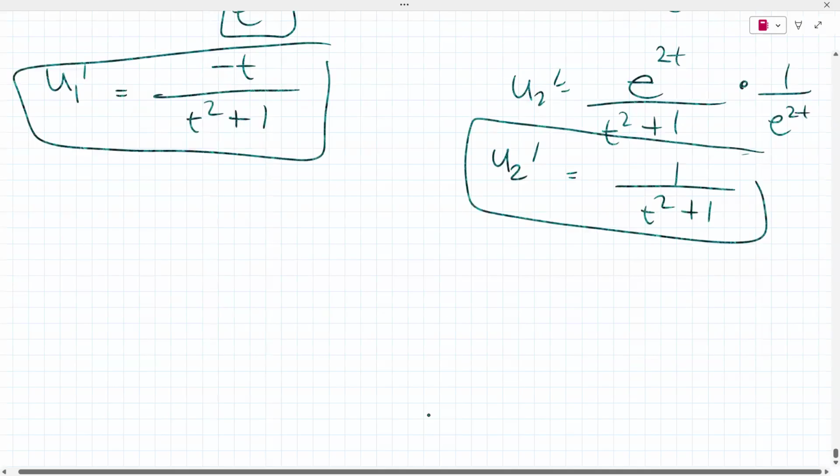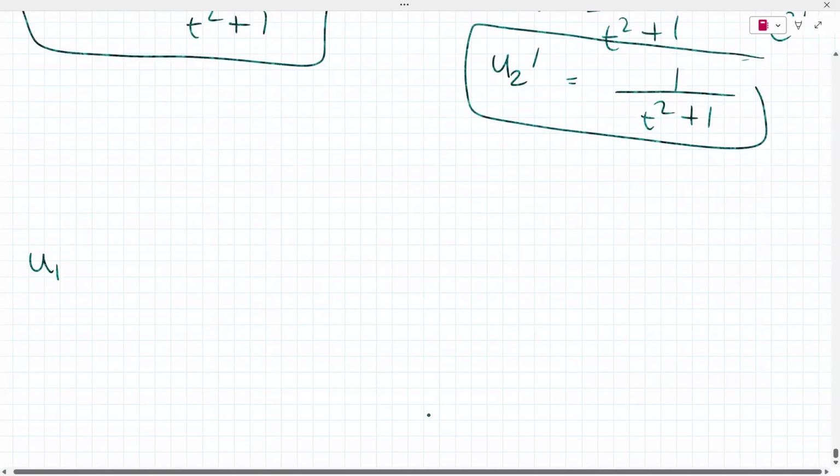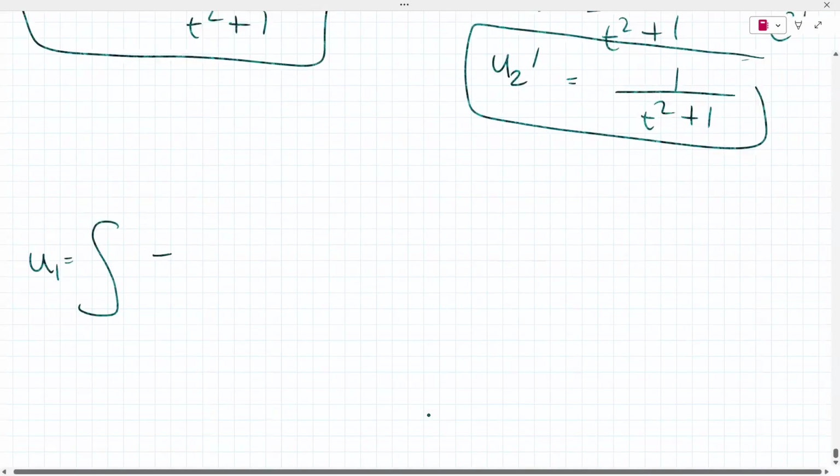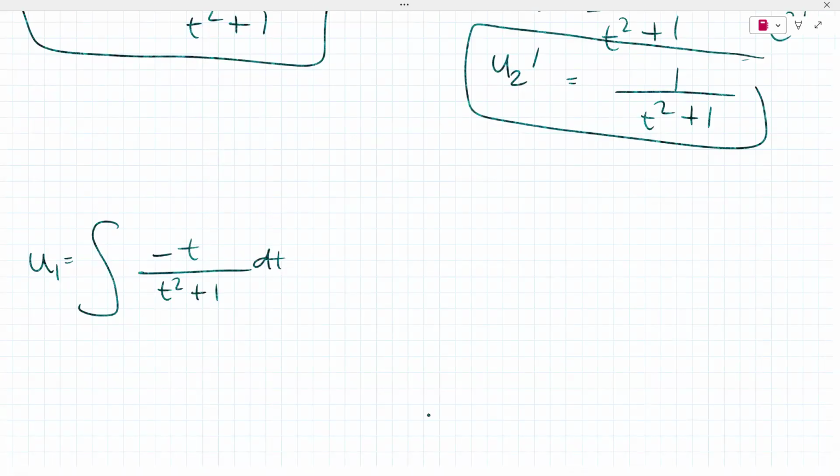So now let's find our u1. It's the integral of u1 prime, so that's the integral of negative t over t squared plus 1 dt. And you could just get away with this using u substitution. I'm not going to use u because you have a u here, so I'll use x.